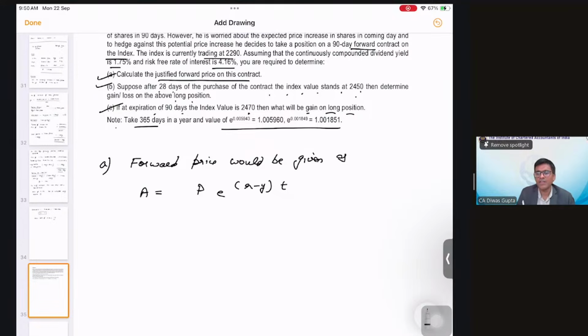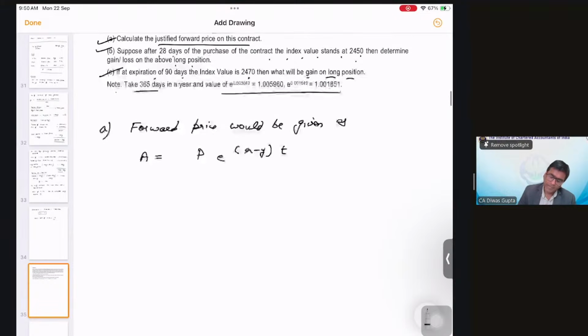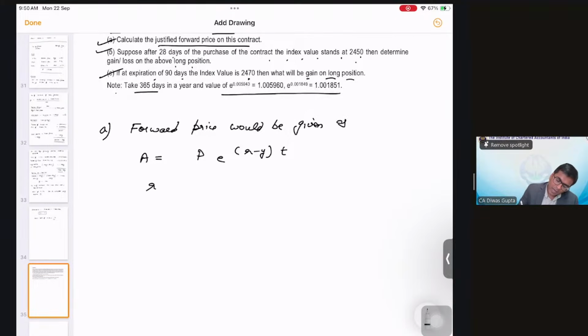This is the formula that we will use. Now here R was rate of interest and Y was dividend yield.